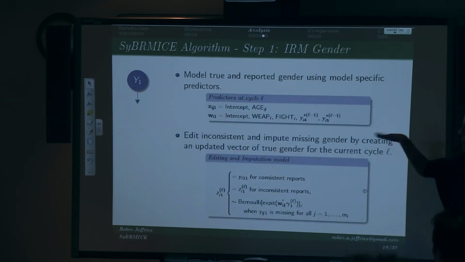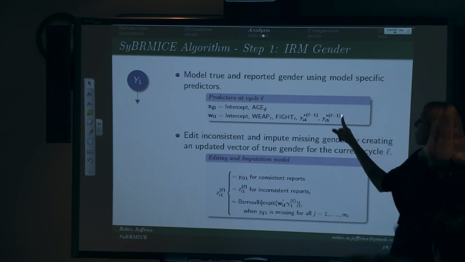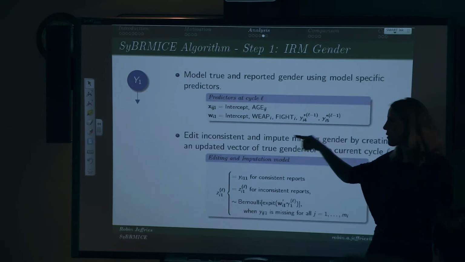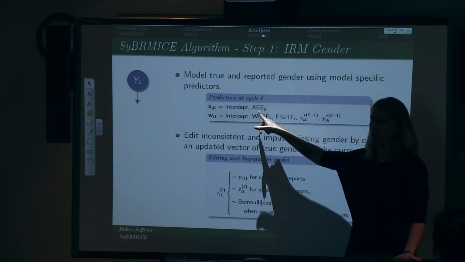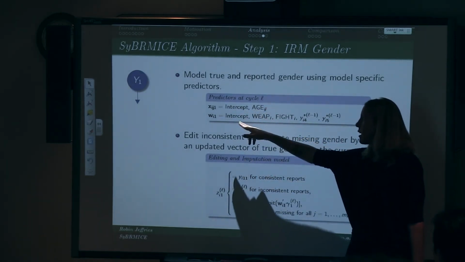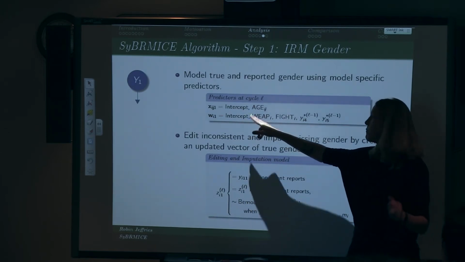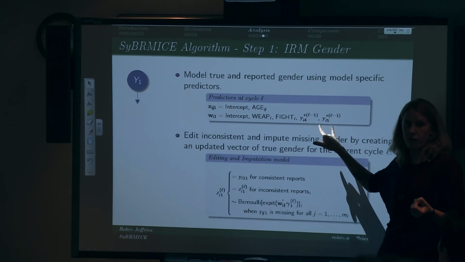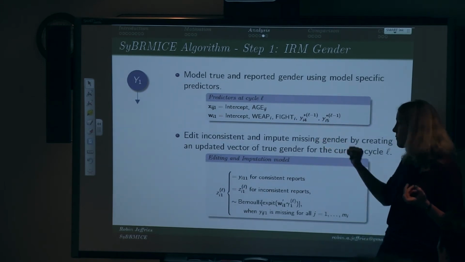So I'm going to start by modeling the true and reported gender, and I'm going to use this set of coefficients. For the reporting model, I'm just basing it off of intercept and age at the time of the survey. And to model true gender, I'm going to use the weapons and fighting variable and then the two cap variables that are now on the subject level.